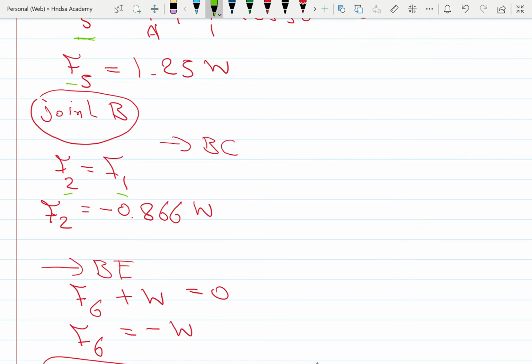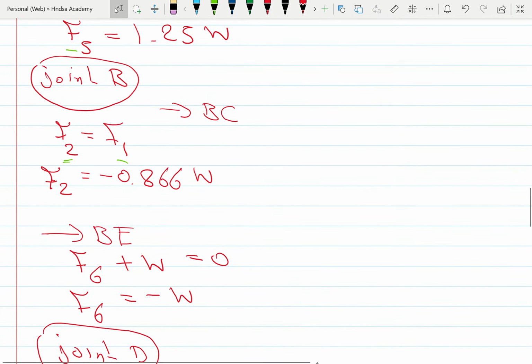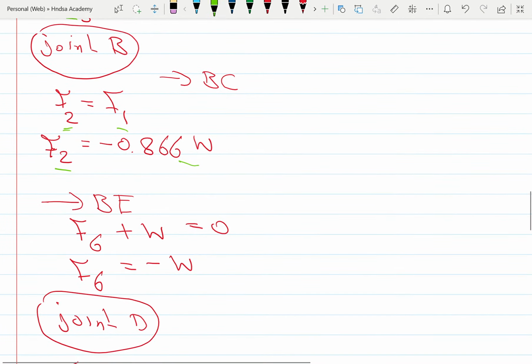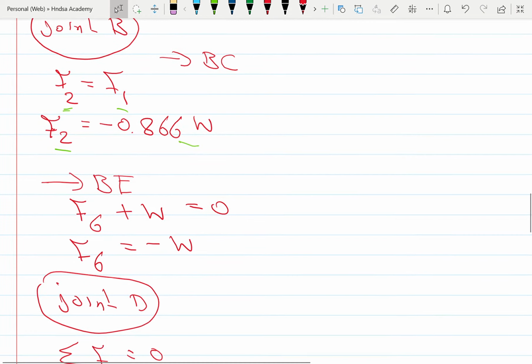Once force 1 is going towards B, that means F2 is going towards B as well. So action and reaction. That means force 2 equals minus 0.866 W. That means our guess was wrong, so it is in compression, not in tension.